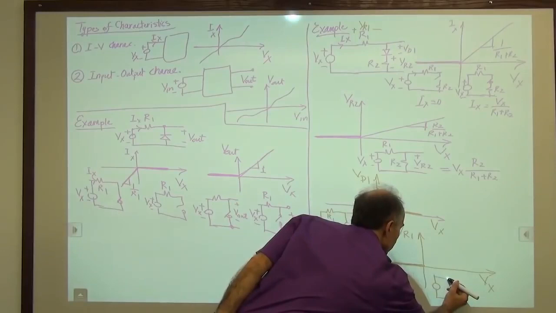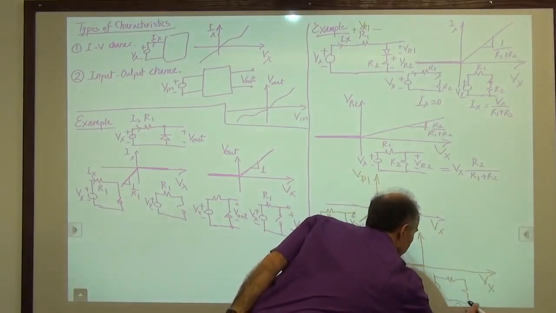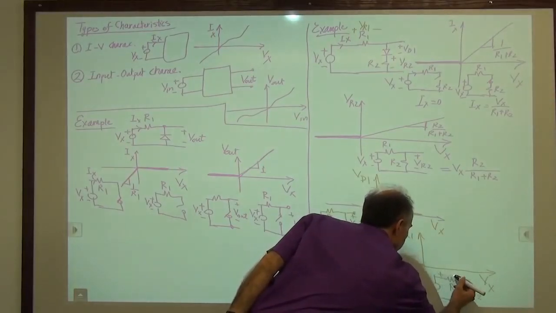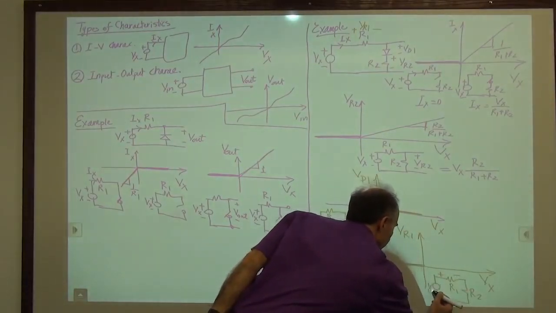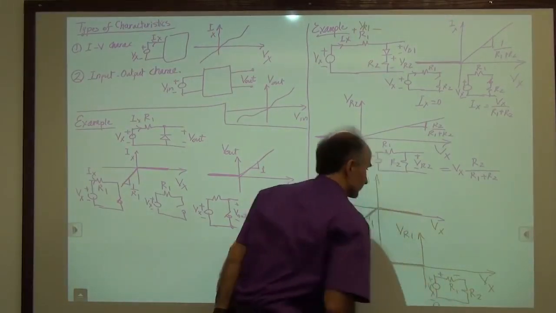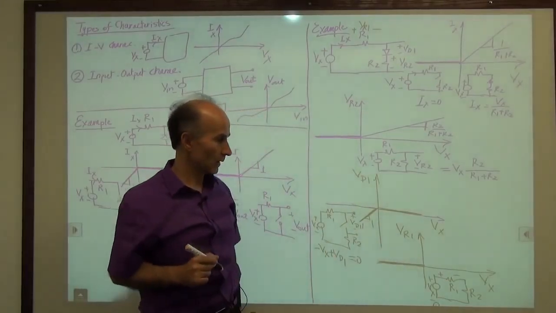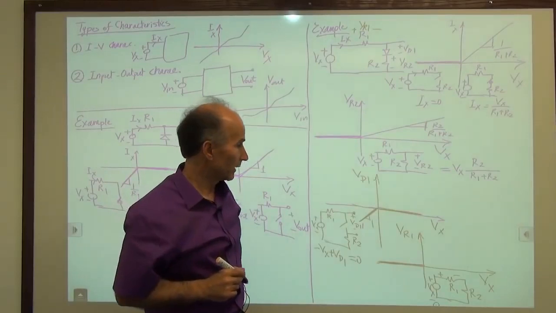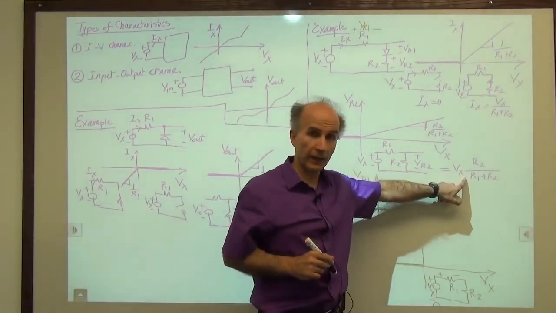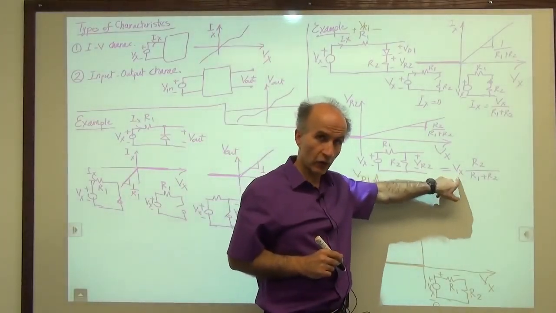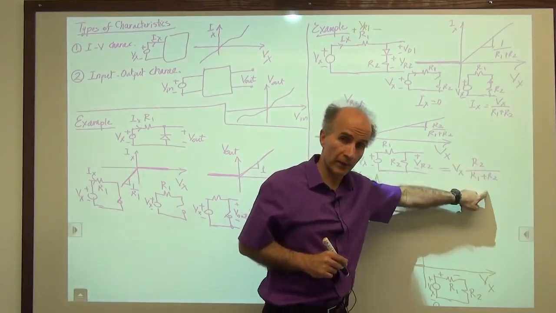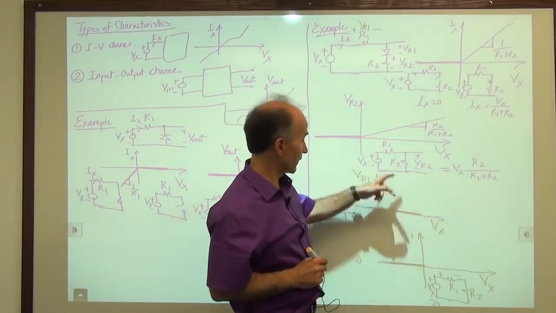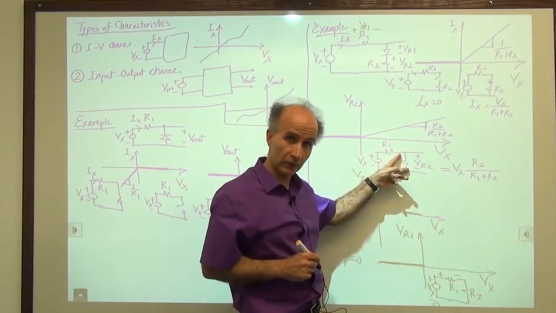Here, R1 and R2. And we are interested in this voltage. And we are applying Vx. So how much is the voltage across R1? Well, in analogy with this equation, I can say it's equal to Vx times R1 over R1 plus R2. In the previous case, we were interested in the voltage across R2.